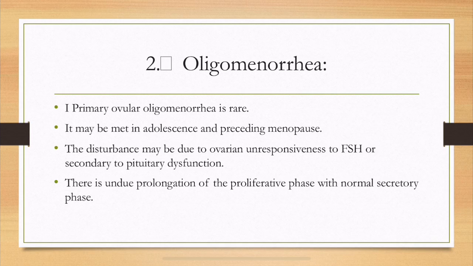There is undue prolongation of the proliferative phase with a normal secretory phase. The primary follicle becoming a Graafian follicle takes a long time because FSH is not released properly, or the ovaries are unresponsive to FSH. Hence the proliferative phase is prolonged, with a normal secretory phase.